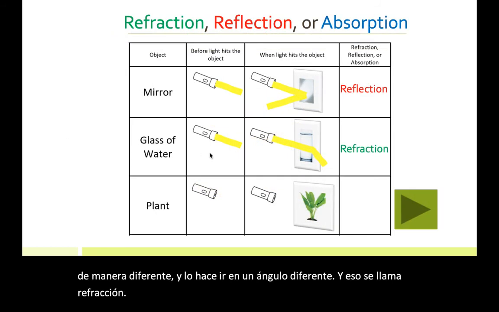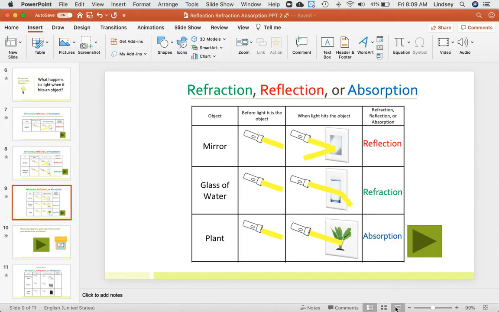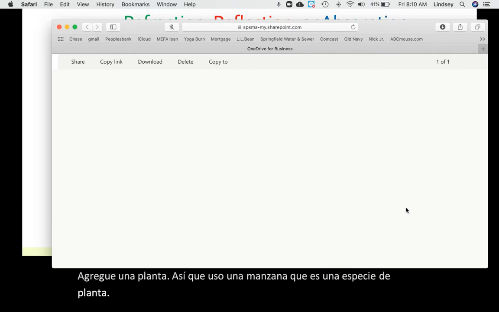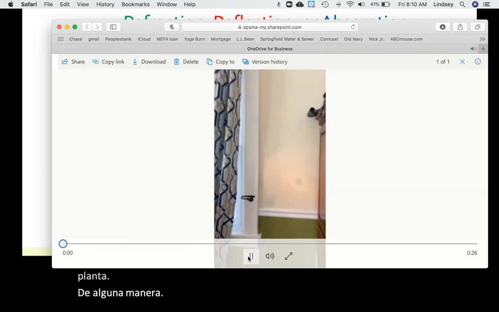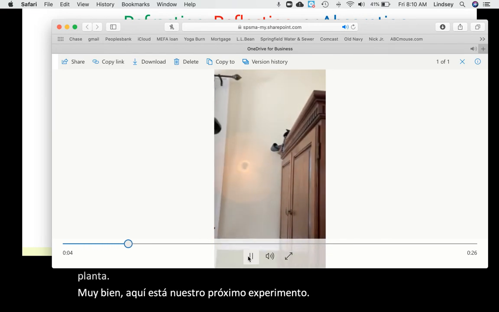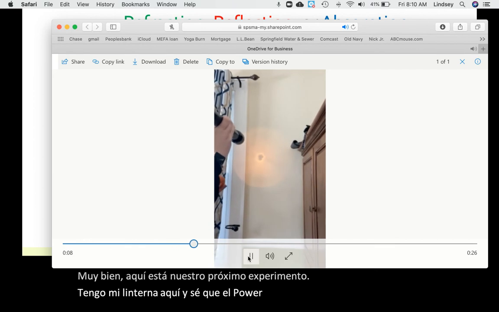All right, our last one is what happens when you shine light at a plant. I was unable to get a plant, so I used an apple, which is a kind of plant in some ways. Here's our next experiment. Got my flashlight here, and I know the PowerPoint says plant, but we didn't have a plant available.